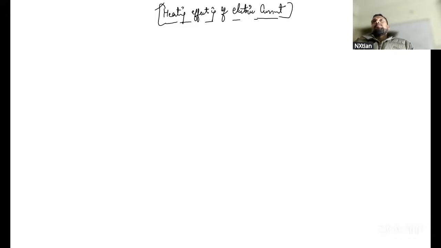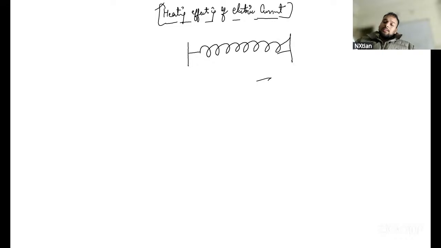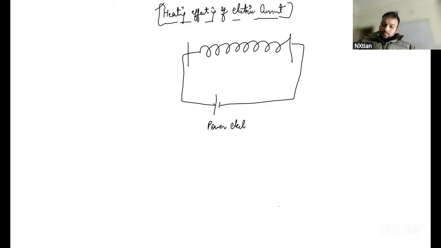For example, this is a nichrome wire. Now, where is nichrome wire used? Nichrome wire is used in an electric heater. So for example, I connected it with the power station, the power electricity.